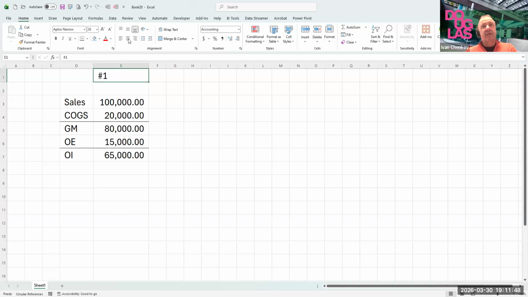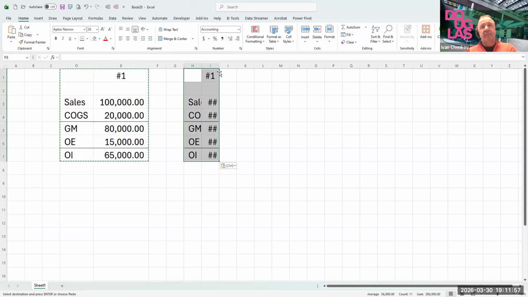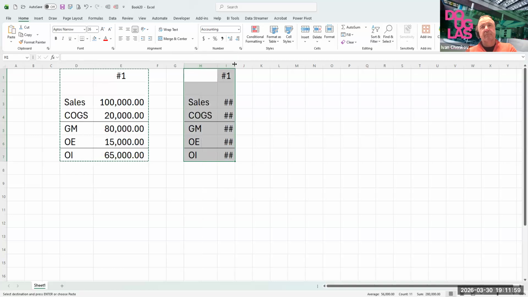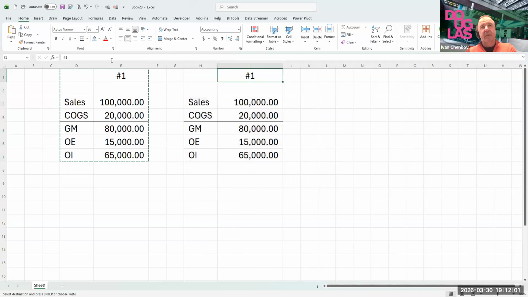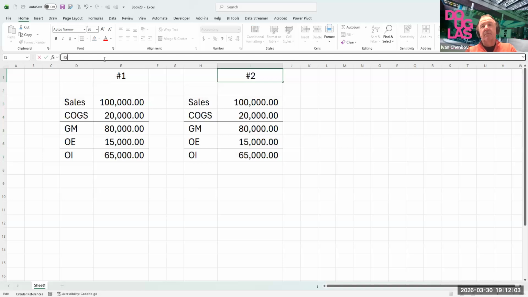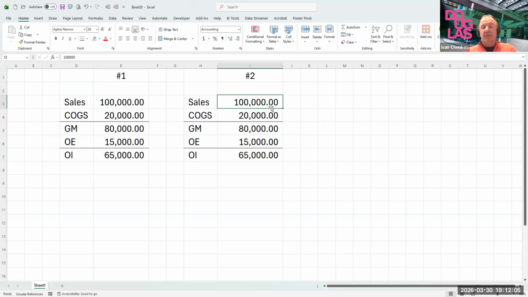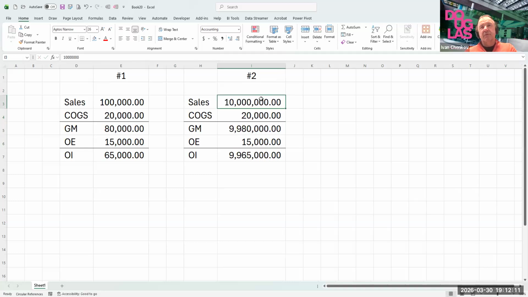Now we have another company. But the interesting thing with company number two: the sales are 10 million. Then cost of goods sold in this company is 8 million.